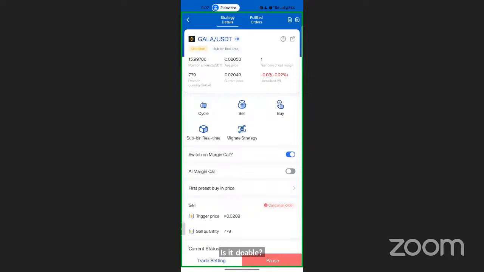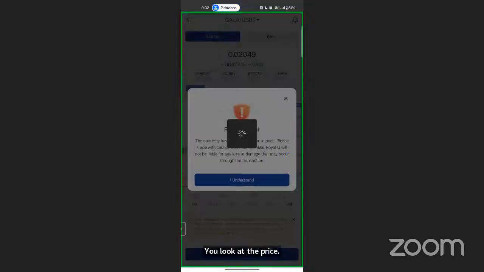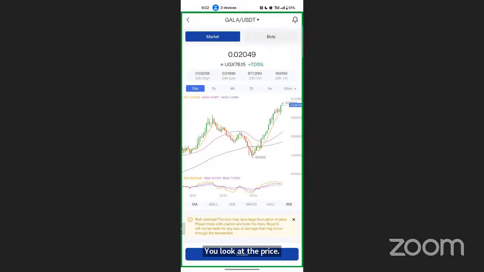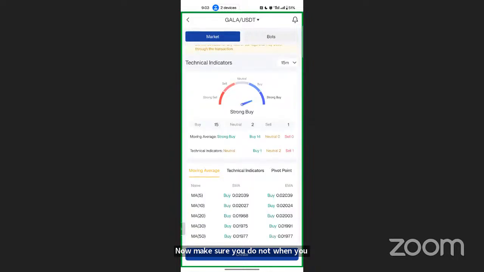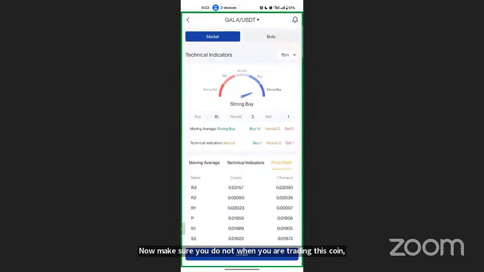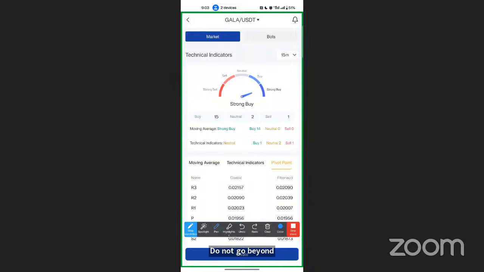You look at the price, then you come and look at the pivot point. Make sure that when you are trading this coin, although it is pumping, you do not go beyond resistance 3. Because when you go beyond resistance 3, you cannot trade without margin calls.